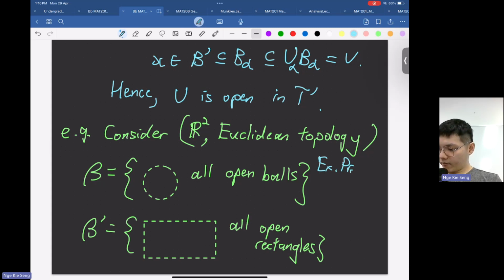You can try and prove that they form a basis for R2 with the Euclidean topology.